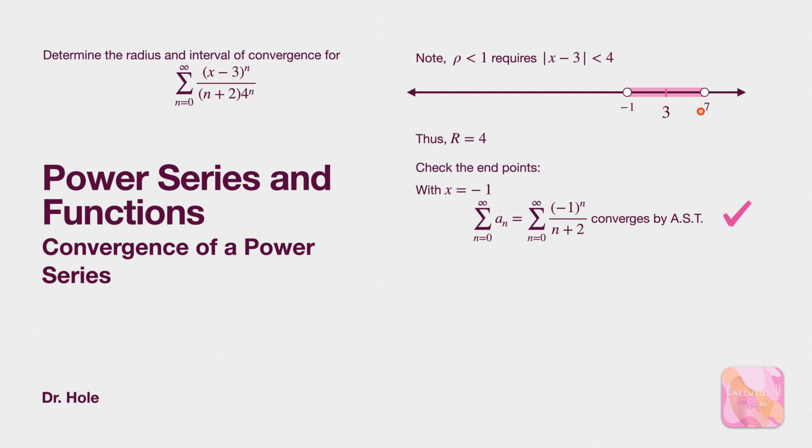On the other hand, when we plug in x equaling 7, 7 minus 3 is equal to 4. 4 to the n over 4 to the n goes away. 1 over n plus 2 is akin to the harmonic series, and the harmonic series diverges. Thus, we will include the left endpoint -1 and exclude the right endpoint 7.